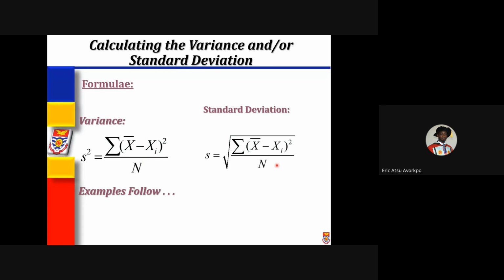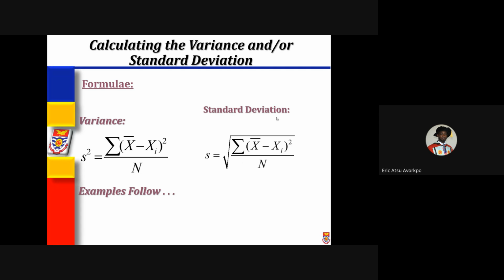And you know that if I square the standard deviation, I'll get the variance, isn't it? Remember, everything square rooted means that thing is raised to the power of 1/2, right?